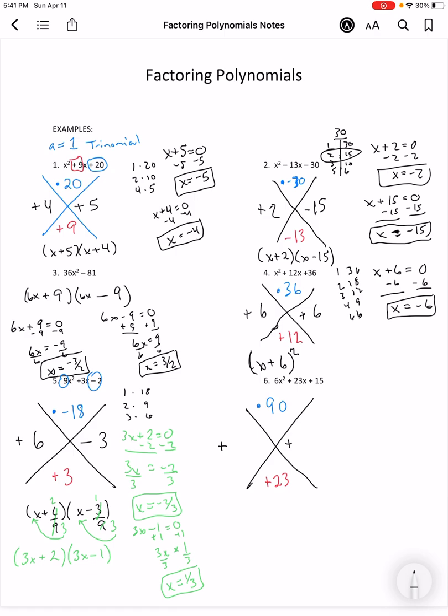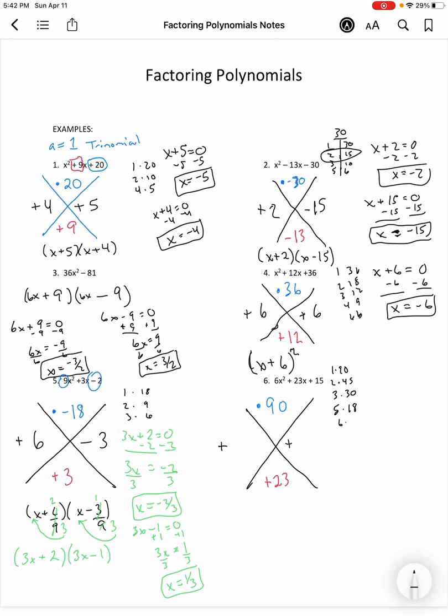So when I get 90, 90 could be 1 times 90. It could be 2 times 45. It could be 3 times 30. It could be 5 and 18.